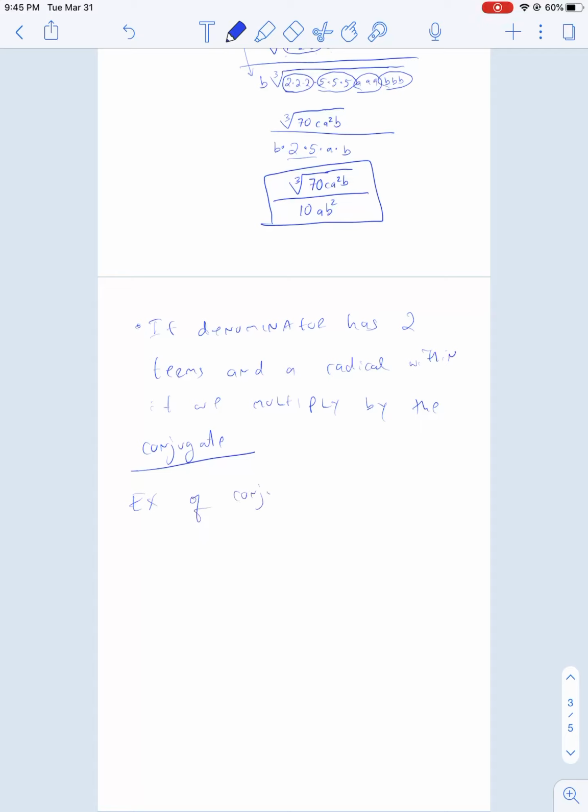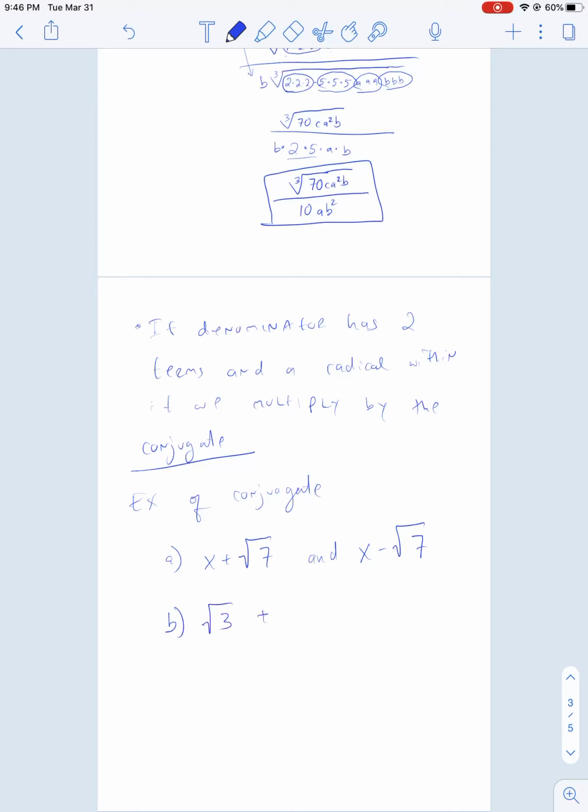Examples of conjugates. All right. x plus square root of 7 and x minus square root of 7. We can see these two problems are almost identical, just the difference is one has a plus and one has a minus, and that's all it really is.